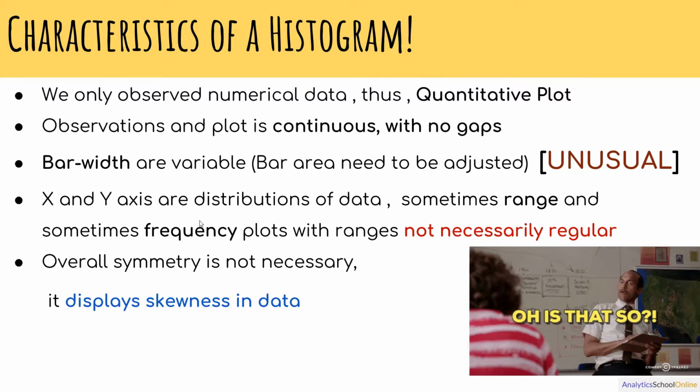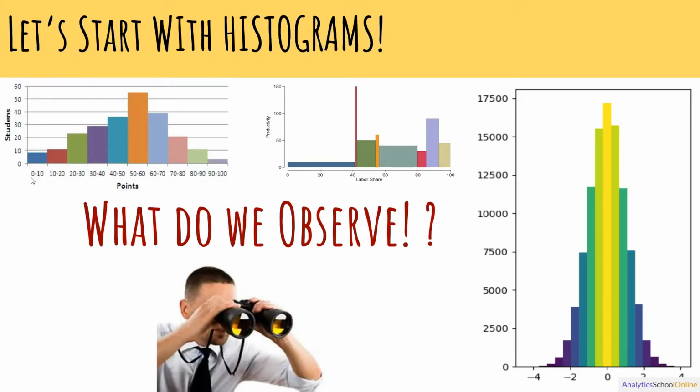Moving further, the x and y axes are distributions of data, sometimes ranges and sometimes frequency plots with ranges, not necessarily regular. What this means is that the x-axis is basically a range of data. This data is ranging from 0 to 100, this is ranging from 0 to 100 again, this is ranging from -4 to +4. So the numerical data can also be negative. It is not restricted to only positive data.